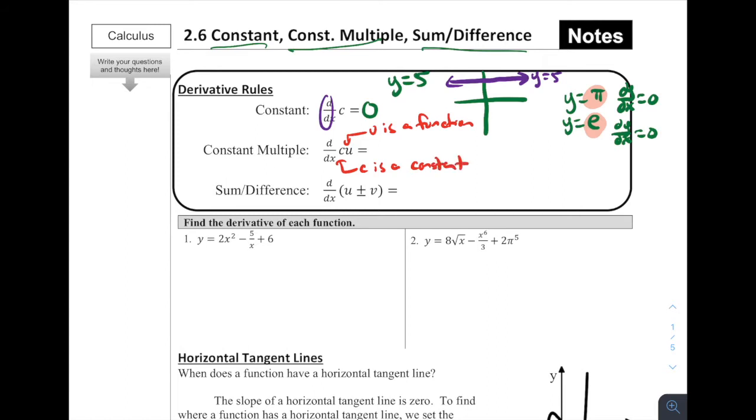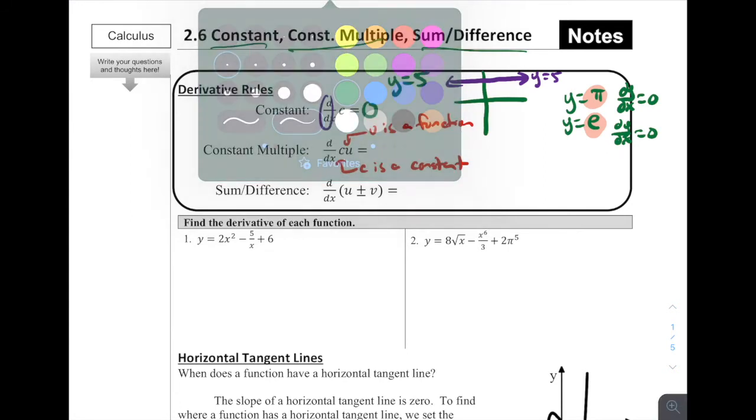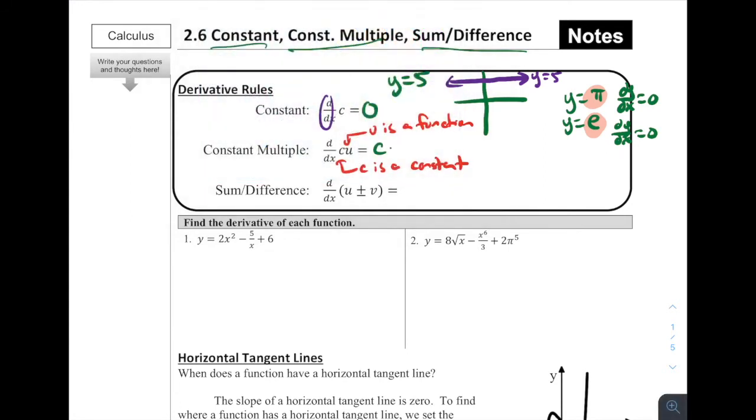What is this? The derivative of this is going to be equal to whatever the c value is times the derivative of u, the derivative of u with respect to x, so du/dx. Notice that the constant just stays outside and multiplies by the derivative of the function part.